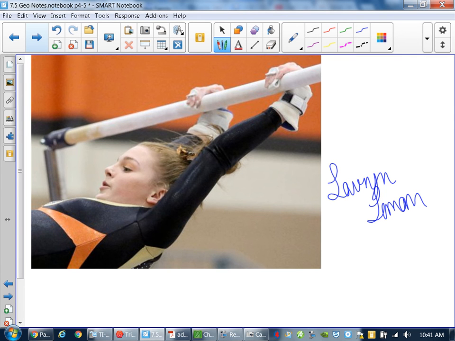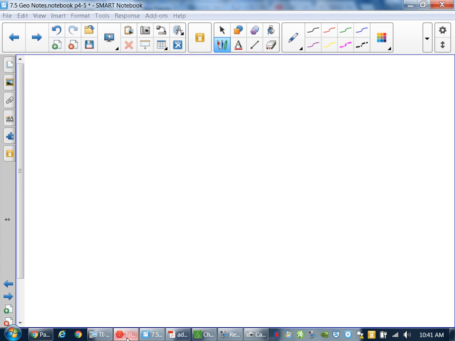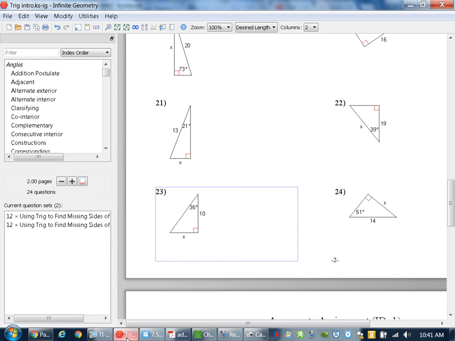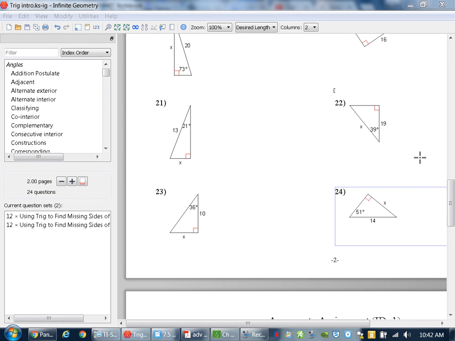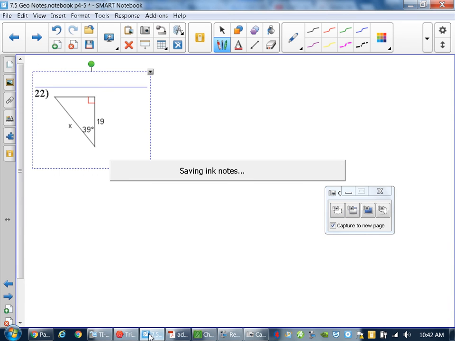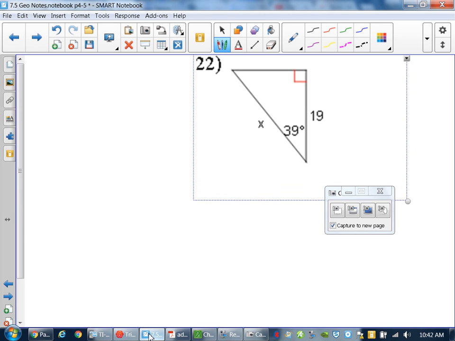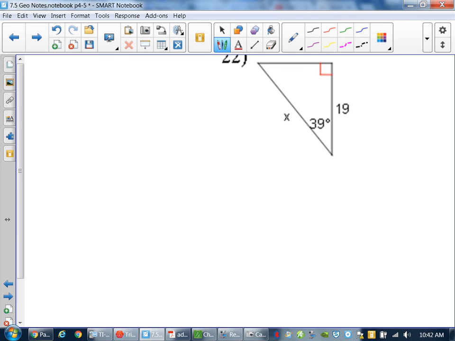Anyway, if I go back, we'll print it in a second. Now, the other style that happens looks like this. I saw it this morning. The other spot that can happen on number 22, we all said that this was a cosine, correct?